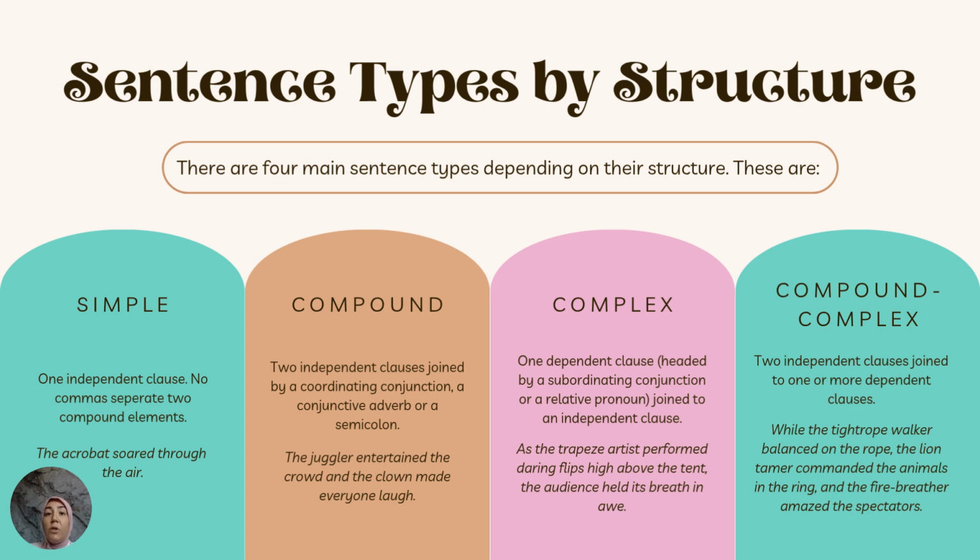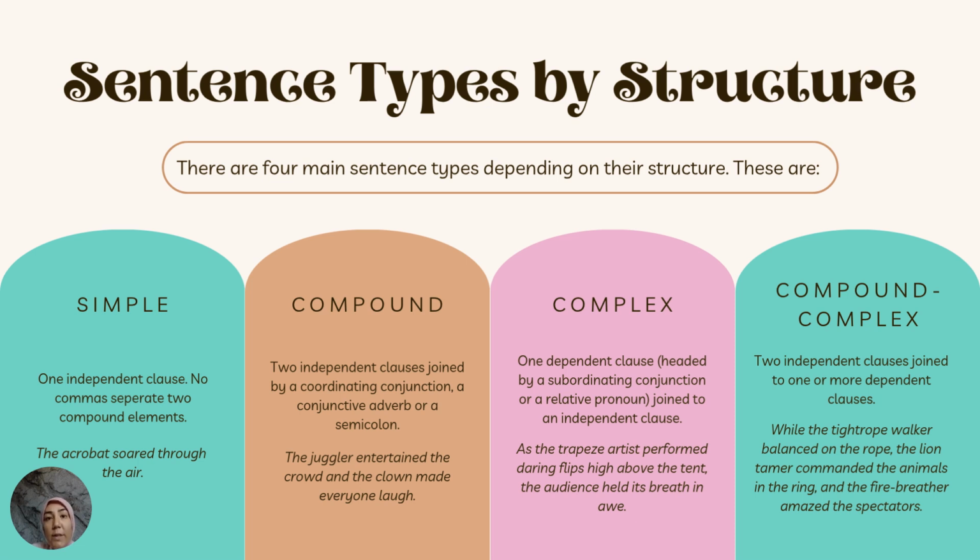Compound sentences are two independent clauses joined by a coordinating conjunction, a conjunctive adverb, or a semicolon. Example, the juggler entertained the crowd and the clown made everyone laugh. So, and here separates two independent clauses in this compound sentence.